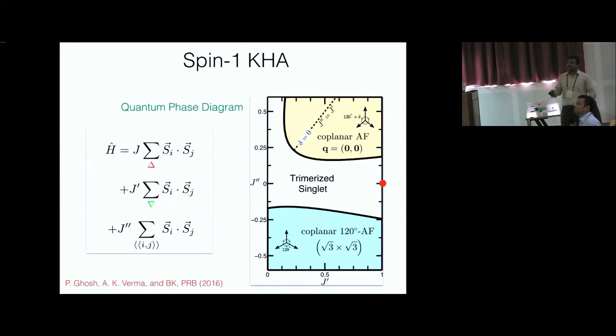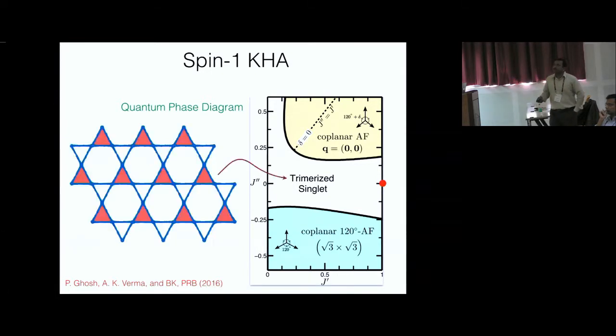So at least within this simple-minded picture, there is no harm to the trimerized singlet state that we conceive of as a possible candidate state, and it survives all the way up to the uniform Kagome case. In fact, all the while this is a given trimerized state, but at this point, the green and the red bonds, red triangles, are basically the same. So this is a spontaneous choice. It could have been up triangles or it could have been down triangles.